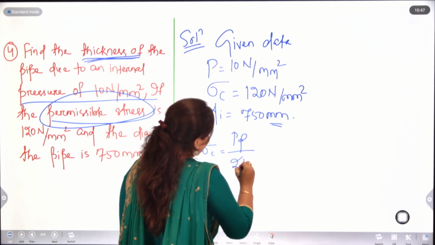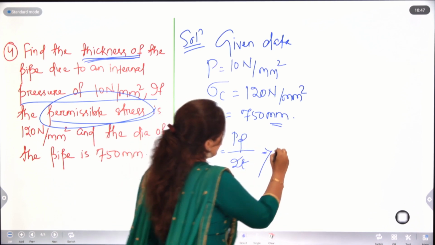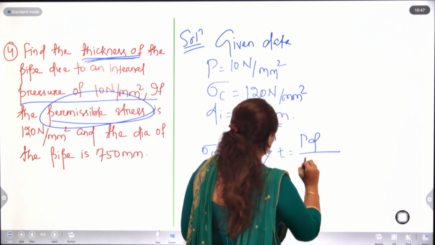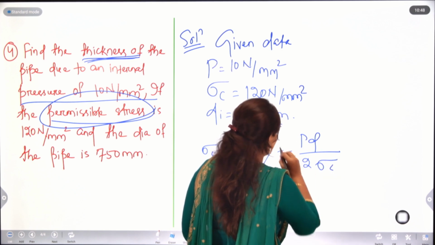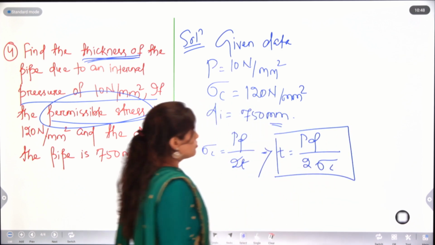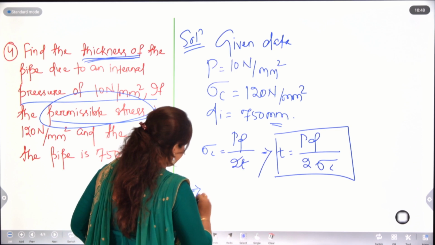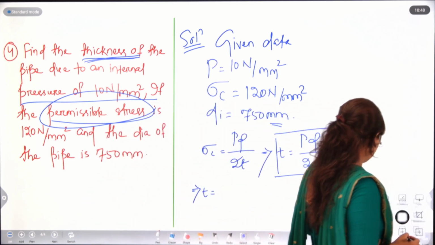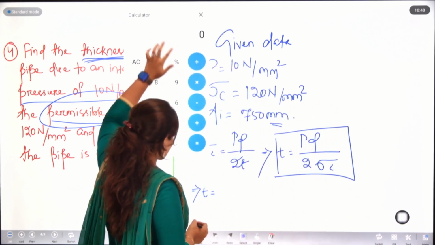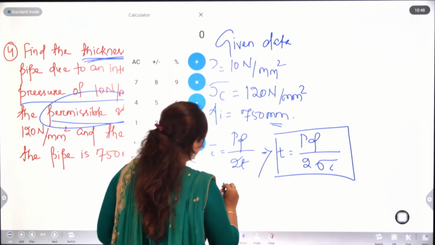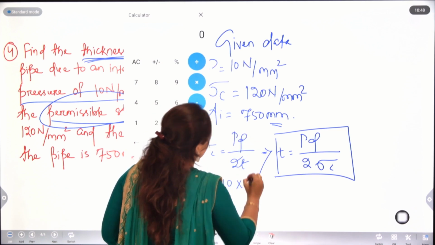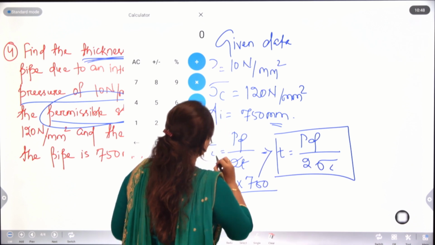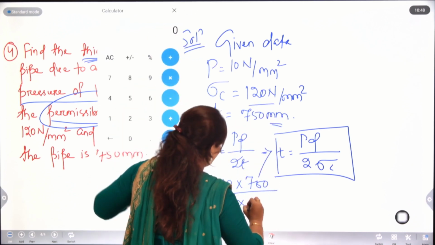Also, PD upon 2T. As we need to calculate T, we can write PD upon 2 into sigma C, right? So our T will be P, that is 10, multiplied with 750, upon 2 into sigma c 120.